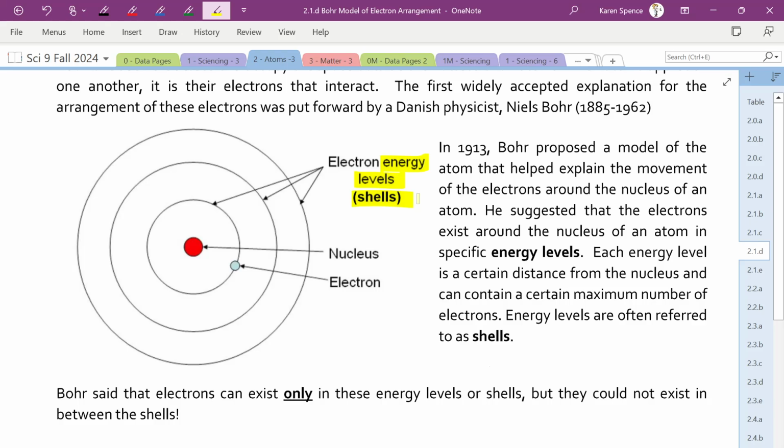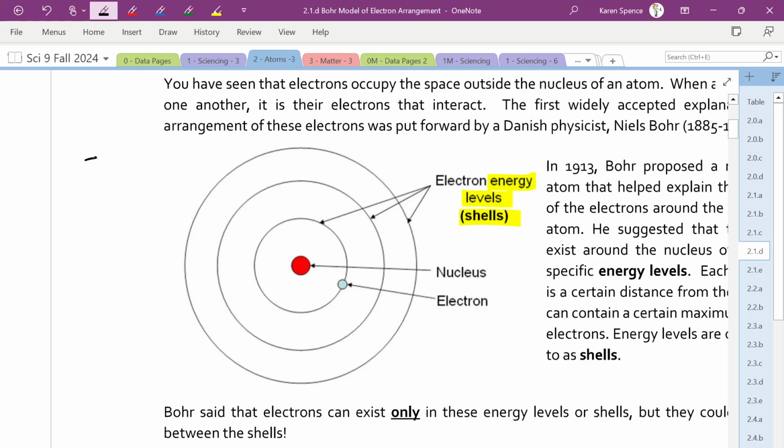Electrons live on an energy level, okay? What's the other word for energy level? A shell.